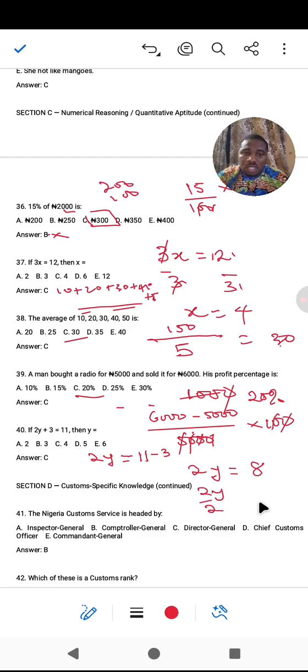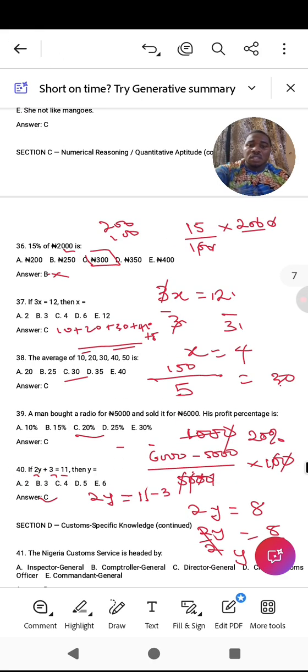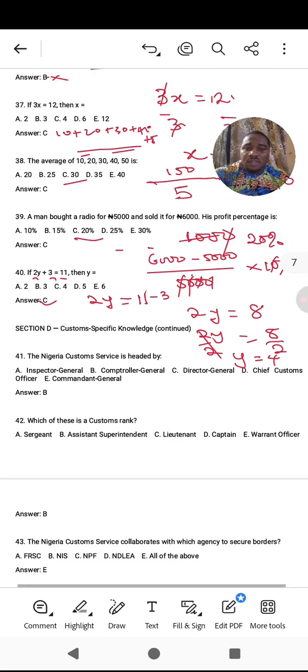So your y should be equal to 4. And that's why they got it as 4. Now, if they change these values, like they put 3 here, maybe 7 here, and 30 here, you're going to do the same thing. They may change this y to z, n, s, anything. Just put the ones with the variables on one side, the one without the variable on the other side, and you will be able to solve it. So it's very, very straightforward.